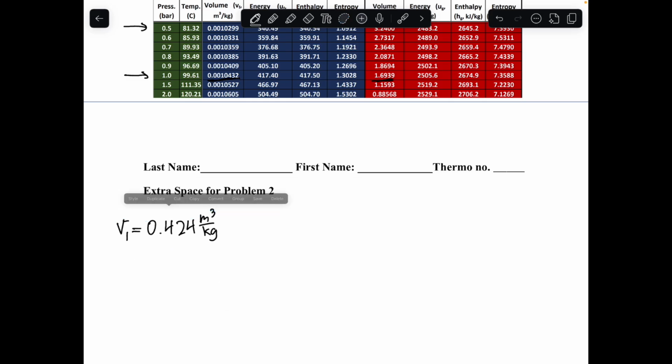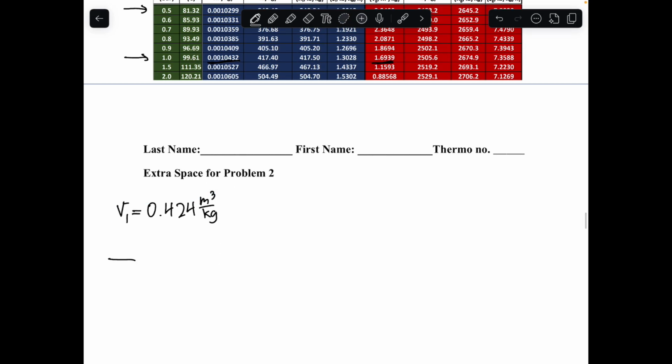Give ourselves some more space. Now again, we're going to use our polytropic process relationship that we have, P1 times V1, and this time I'm going to write 3/2 instead of 1.5 because it might make just writing out the math a little bit easier. But that's equal to P2 times V2 to the 3/2. And now we want to solve for V2.